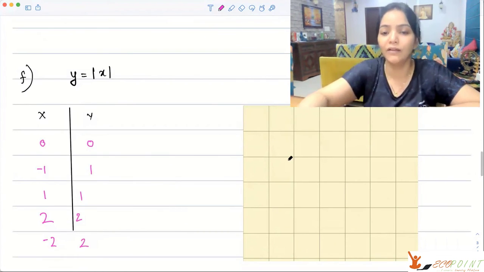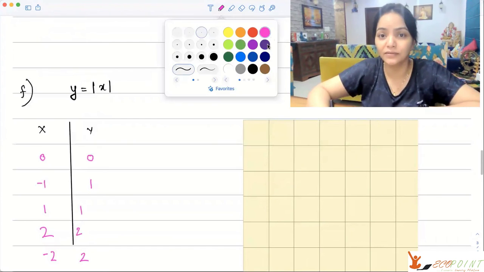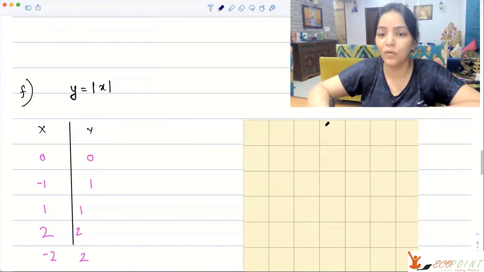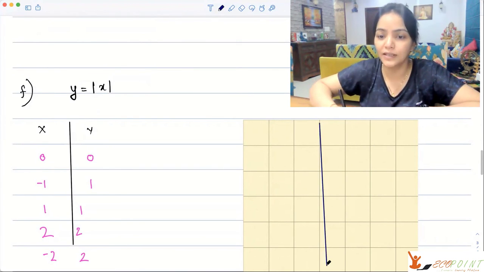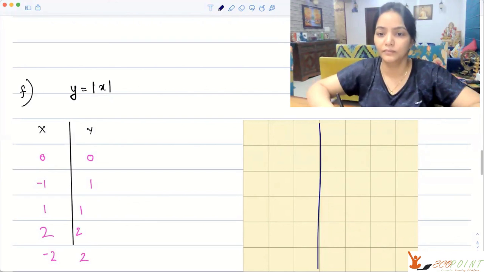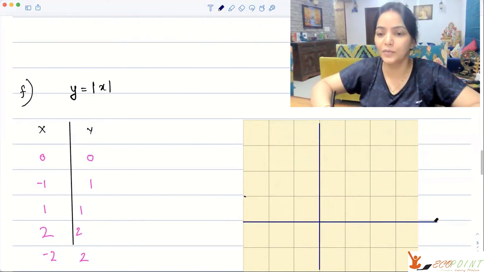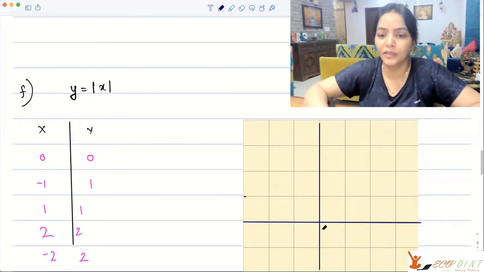So what kind of a graph is it? It's a graph where y is always positive. So this is the y-axis, and this is, say, the x-axis. Again, since y will always be positive, I'm keeping it here.